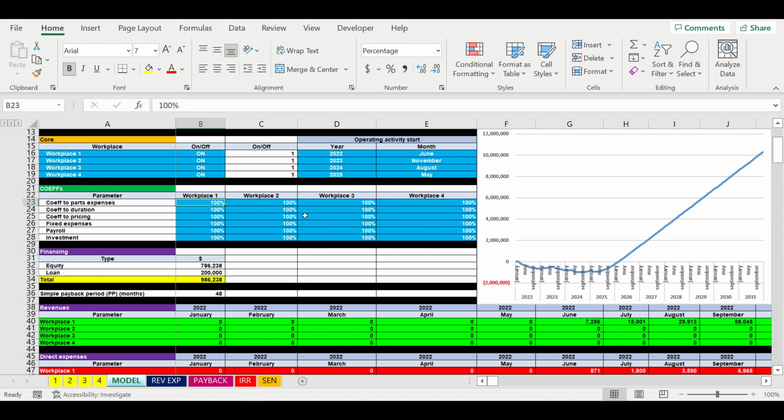So also, for example, we can play with parts expenses, with direct costs, so we can easily increase or decrease. So if we want to increase the cost of parts, for example, by 30% for all workplaces, or for example we want to decrease the pricing by 20%, so we'll take only 80% of the current values.